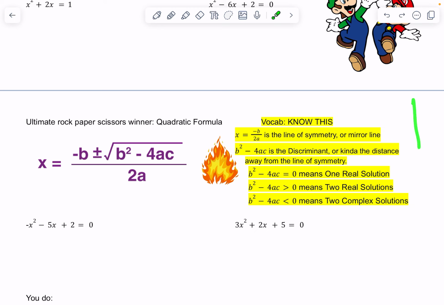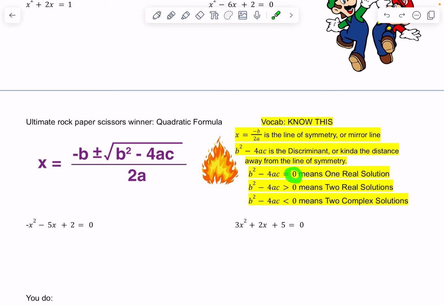It's important because when you have something like this and the line of symmetry is somewhere around here, it knows it's going to be from here to get to the zero. So the discriminant is very helpful because it helps you understand how many solutions there are going to be.